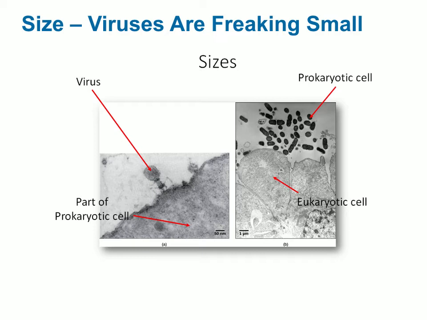It's much, much smaller than a prokaryotic cell, which is usually only 2 micrometers across. There's a eukaryotic cell on the right with virus particles coming out of that cell. Very, very small. That's a picture from your book.